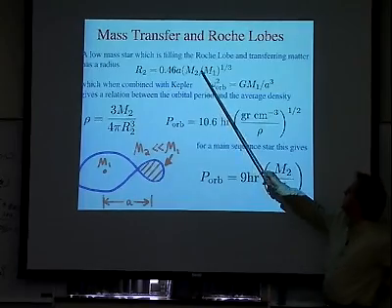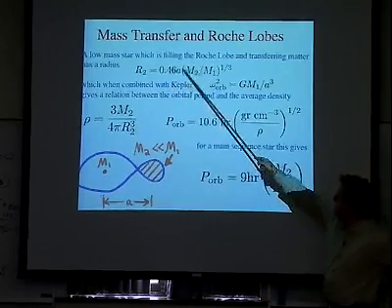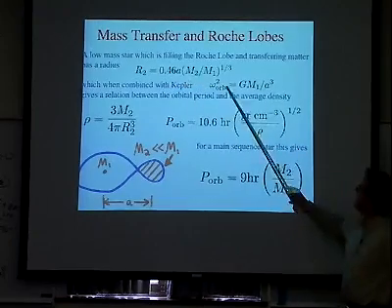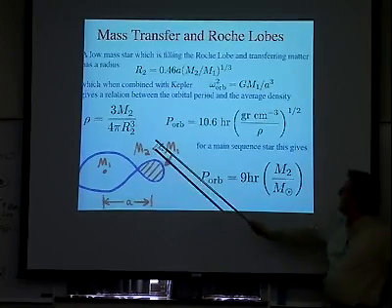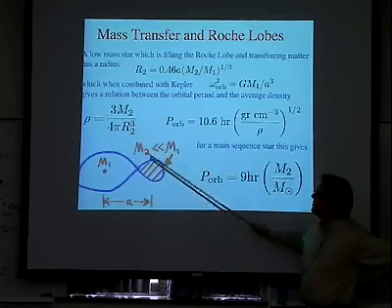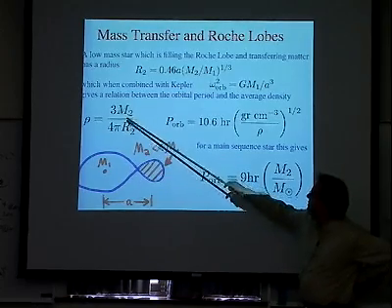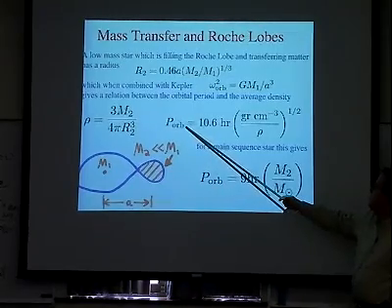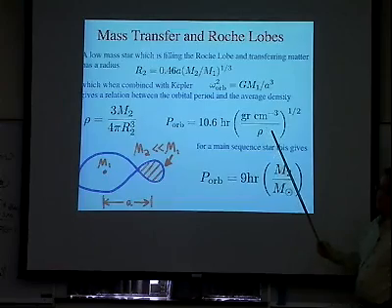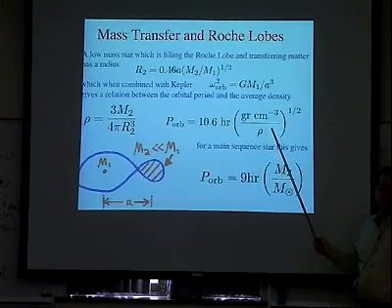If you demand that the star is Roche lobe filling, and then you just take Kepler's law, omega squared is GM over a cubed, and write things out as the mean density for this donor star, which is then M over R cubed, you can get a relationship between the orbital period of a binary and the density of the Roche lobe filling star.